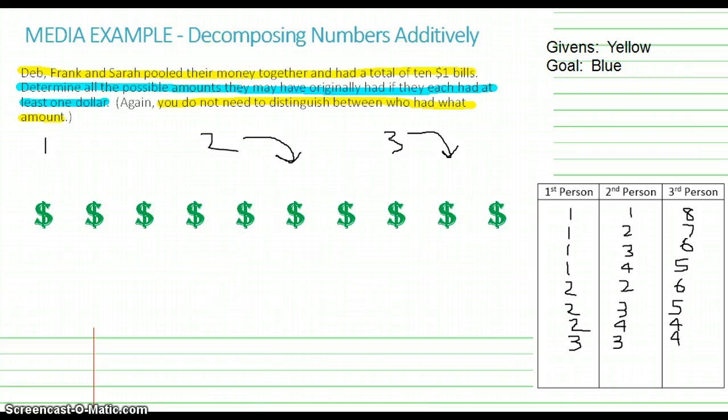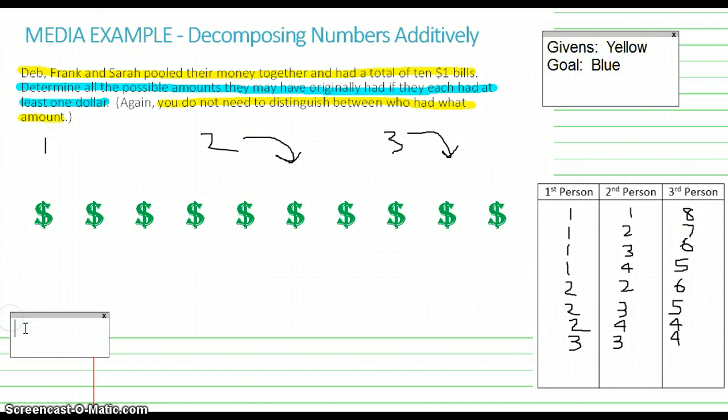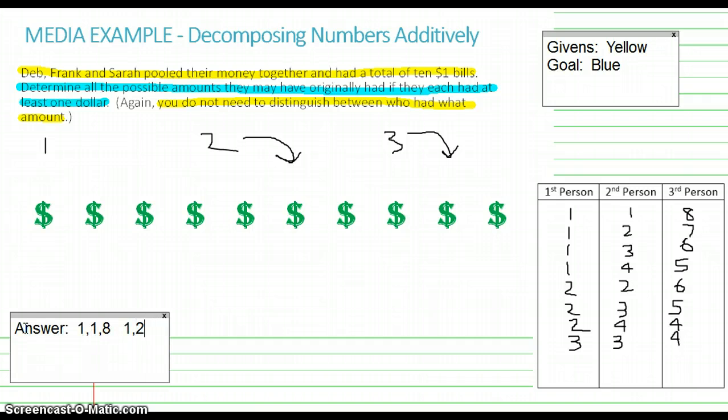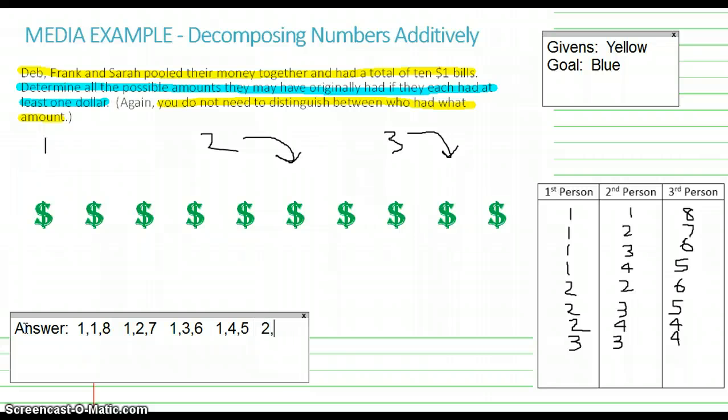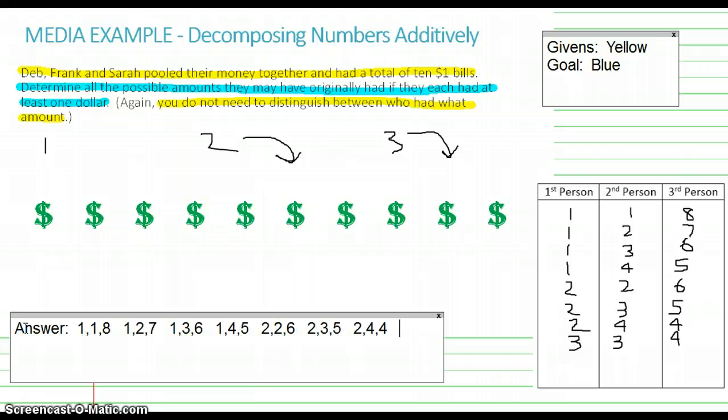So now let's type our final answer. 1, 1, 8, 1, 2, 7, 1, 3, 6, 1, 4, 5, 2, 2, 6, 2, 3, 5, 2, 4, 4, finally 3, 3, 4.